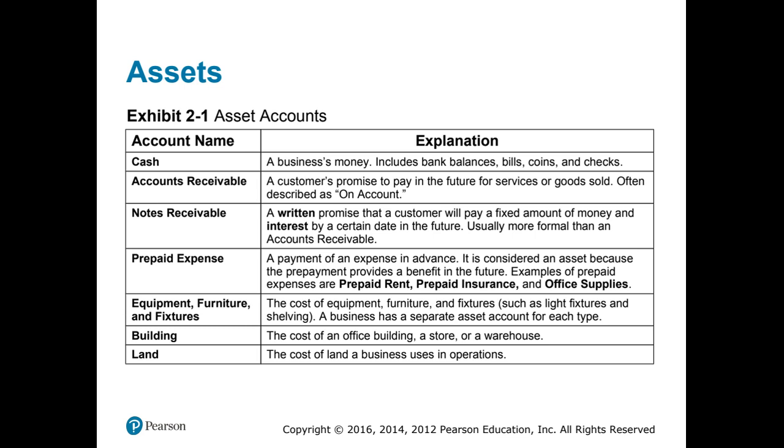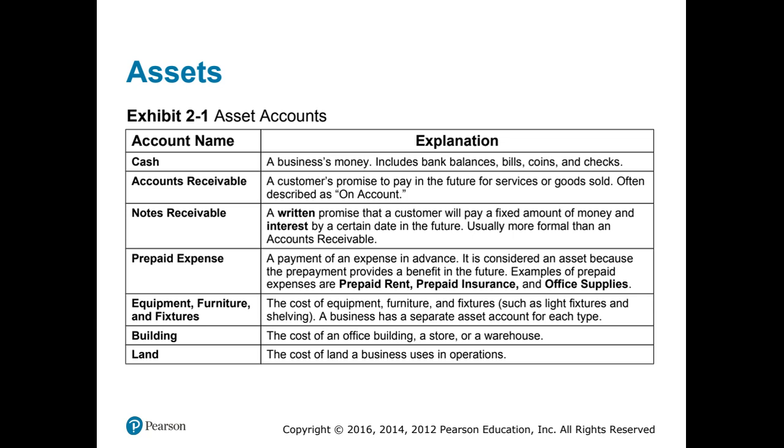And one thing to note is cash, obviously, cash is an asset. But then, some of these can be confusing if you're not familiar with accounting terms. So if you see here, anything that says receivable more than likely is an account that's receivable, and therefore you are going to list that as an asset.